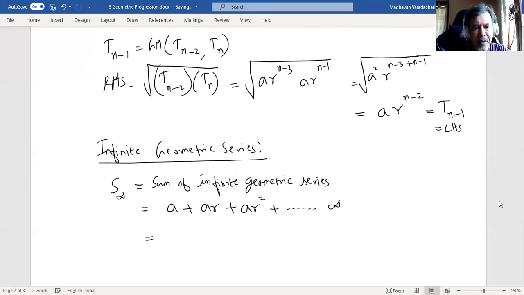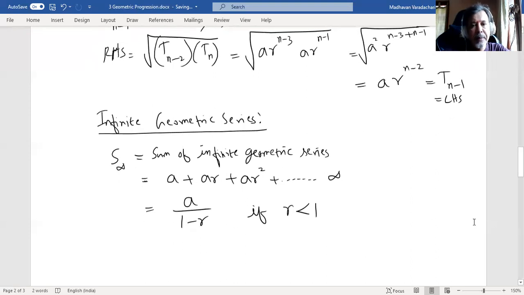This can be evaluated as A by 1 minus R. This is possible only if R is less than 1. The sum of an infinite geometric series when R is less than 1 is A divided by 1 minus R.